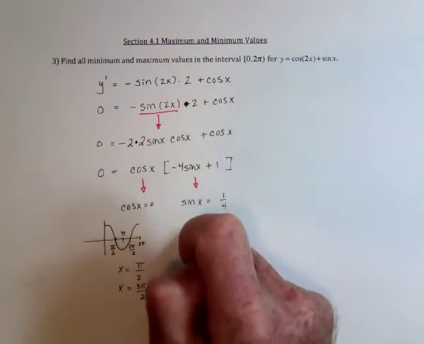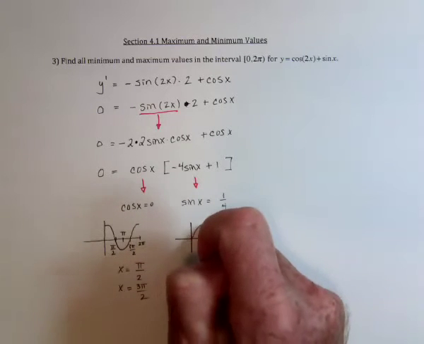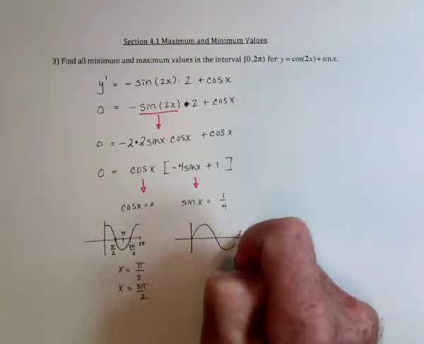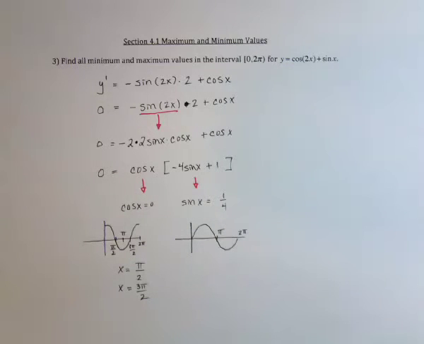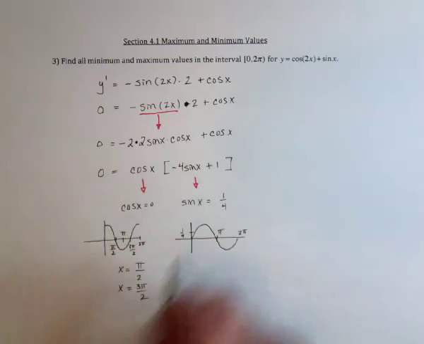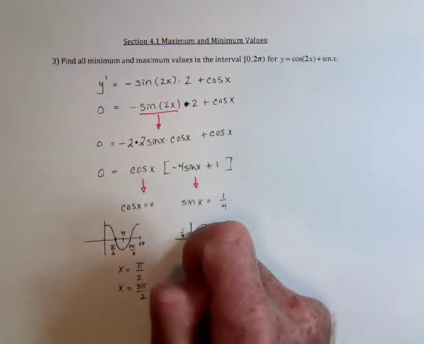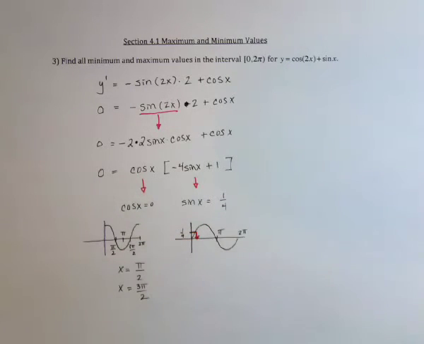So when does sine equal 1/4? So the graph of sine would look like this from 0 to 2 pi. And then it's saying, when did that equal 1/4? So we can use the calculator to find out what was the x value that caused that.